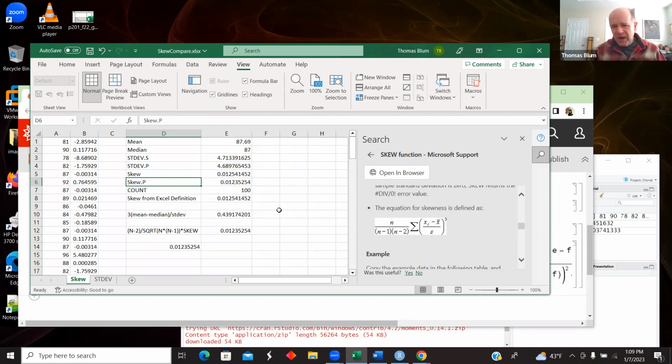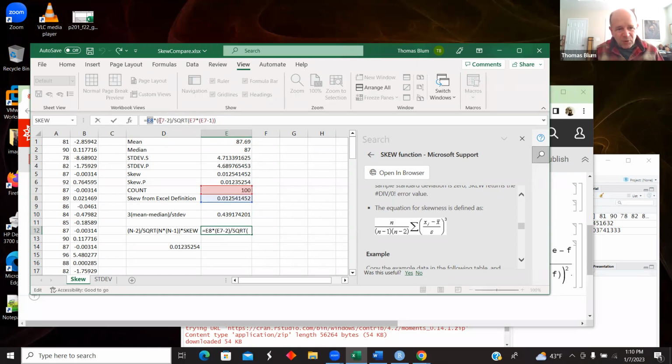And then from comparing this definition in Excel and realizing that the standard deviation has an n minus 1 in there, I can see that to go from the E8, which was the skewness, if I multiplied it by n minus 2 divided by the square root of E7 times E7 minus 1, we're playing around with n and n minus 1, so I can get from the skew to Skew.P.